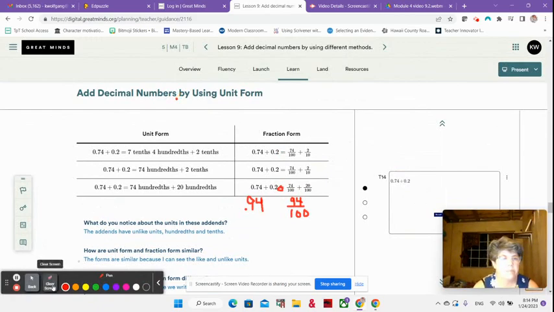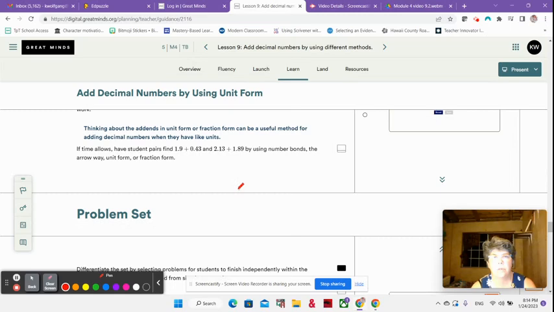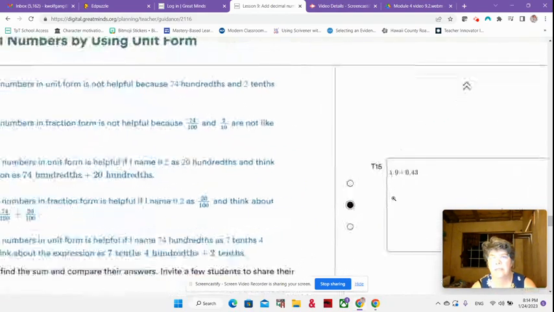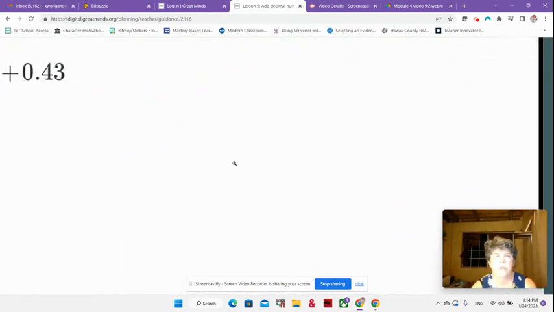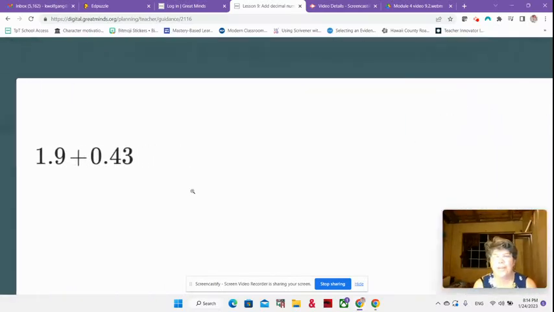Okay, let's clean up this screen and let's look at one more or 2 more questions. Let's look at, oops, sorry about that. 1 and 9 tenths plus 43 hundredths. Okay, so 1 and 9 tenths plus 43 hundredths.